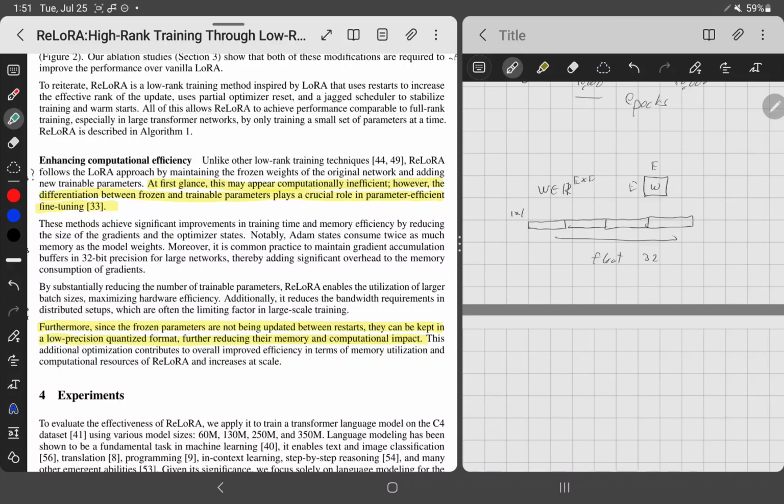However, if you quantize this, which is what ReLoRA kind of did, then you can make this 4-bit, and you just have to store one of these. So instead of storing 4 times e squared parameters in memory, you instead just store e squared parameters.